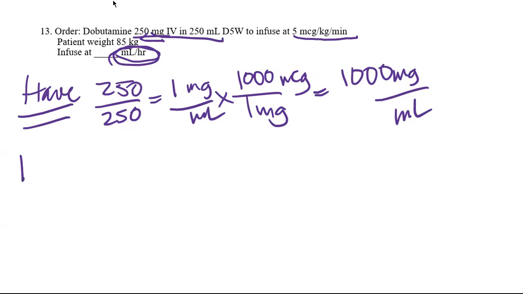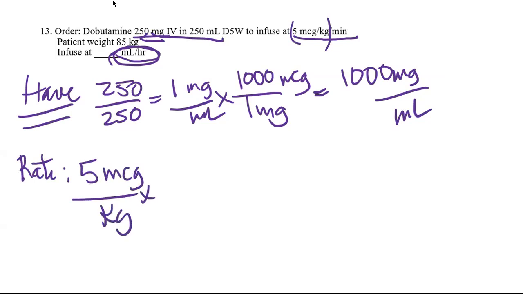So we start with the infusion rate. Remember, the first part we're going to do is just 5 micrograms per kilogram. So we take 5 micrograms per kilogram times 85 kilograms, which is what they said it is. Cross out the kilograms. 85 times 5 is 425.